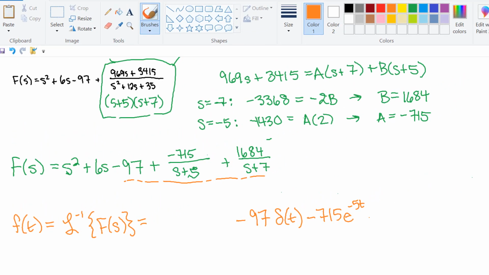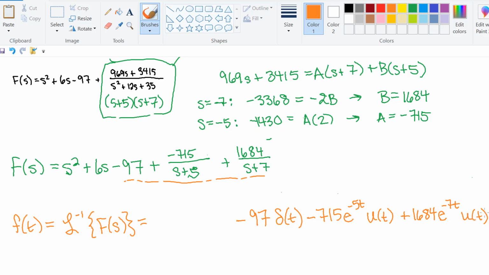I'm going to go ahead and just multiply it by, instead of putting the u of t at the end, because it's really just these last terms that will have the unit step function. And then plus 1684 e to the negative 7t times u of t.